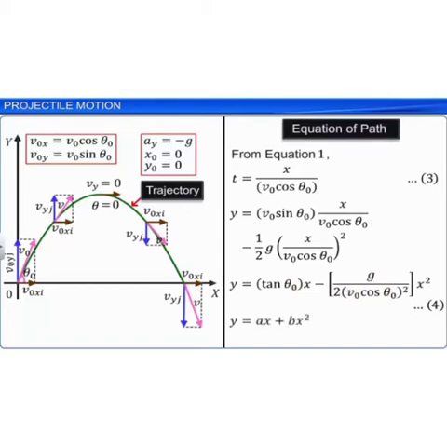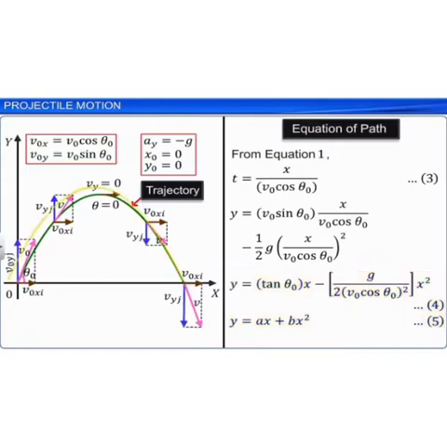Let this be equation 5. In this equation, a and b are constants. By comparing equations 4 and 5, we can conclude that the path followed by a projectile is a parabola.